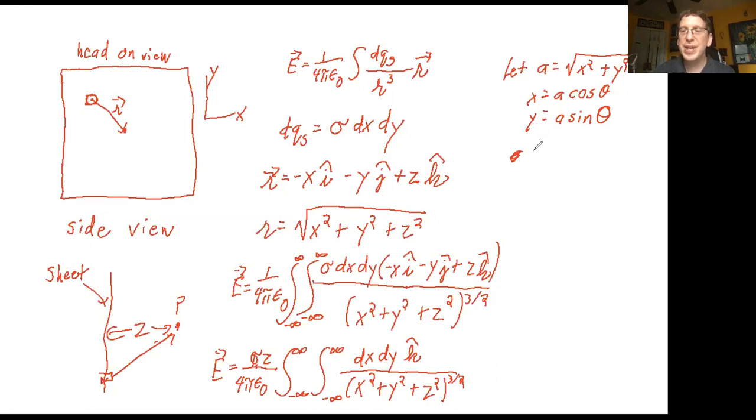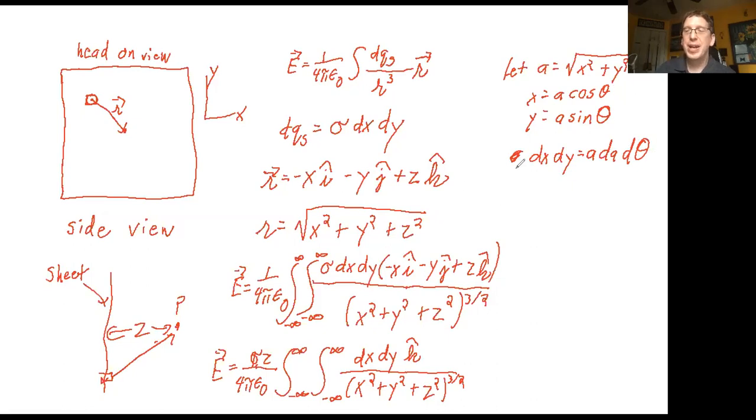So let's treat this as a circle of radius a, so that dx dy becomes a dA d theta. We're changing the infinitesimal area of a rectangle to the infinitesimal area of a circle.